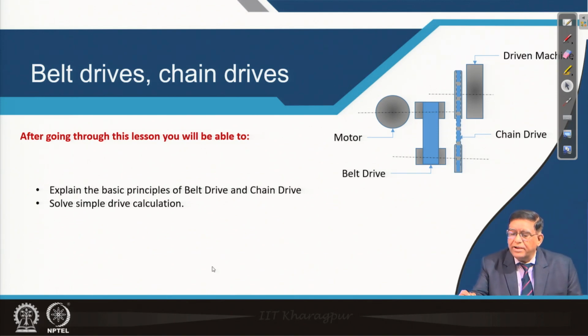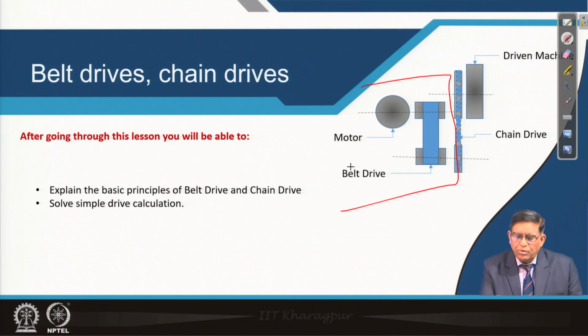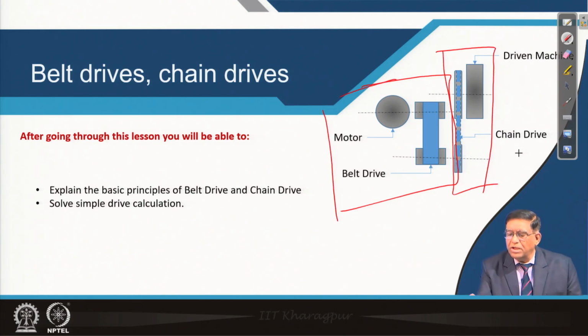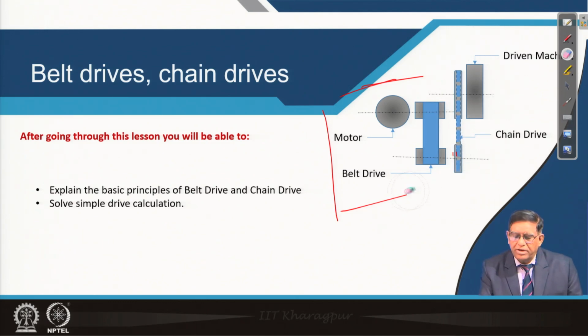As you can see here, we are having these two types of drive systems. This portion is showing our belt drive, and here you can see our chain drive. In this chain drive and belt drive, the basic difference is that from the electric motor you are transferring the power to a belt, and from there you go to whatever drive system you are having.